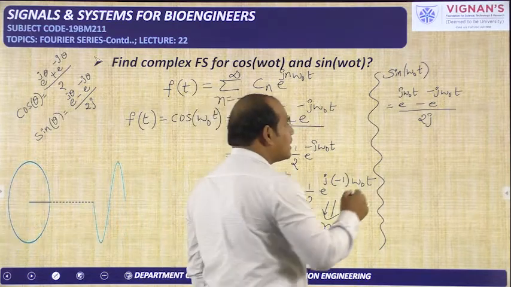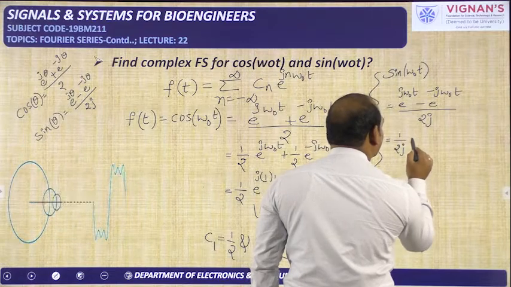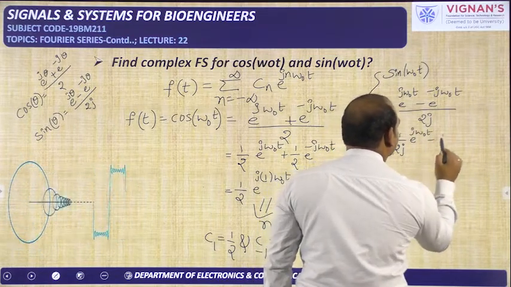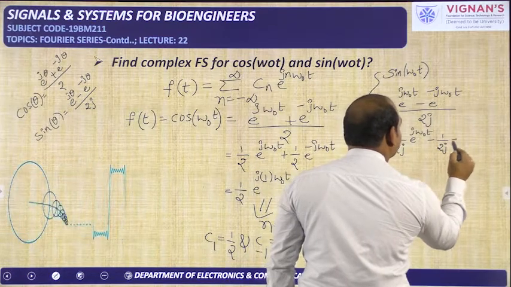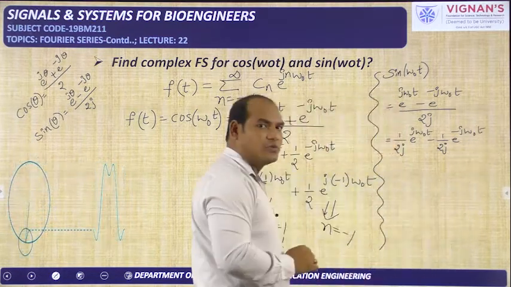Now I am rewriting this one as 1 by 2j e power j omega naught t minus 1 by 2j e power minus j omega naught t. In this manner we can write.